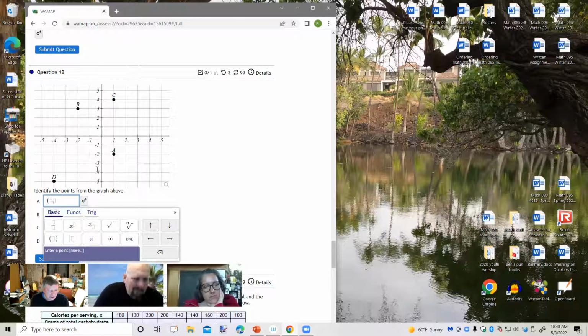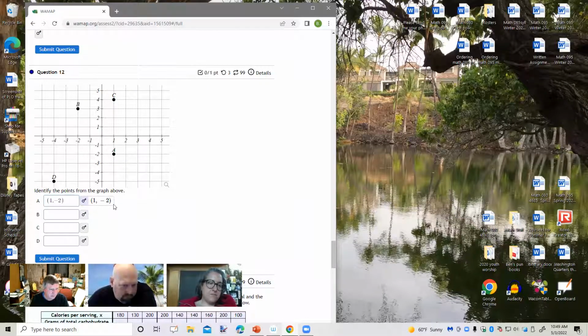Because ordinarily, if you were not typing in WAMAP, you'd put in parentheses, 1, comma, then a space, and then the next number, and then a right-hand parenthesis. But in WAMAP, if I push the space bar, it takes me outside of the parentheses. So let's see, what is it? 1, -2. So I'm going to put in -2, and then my right-hand parenthesis.